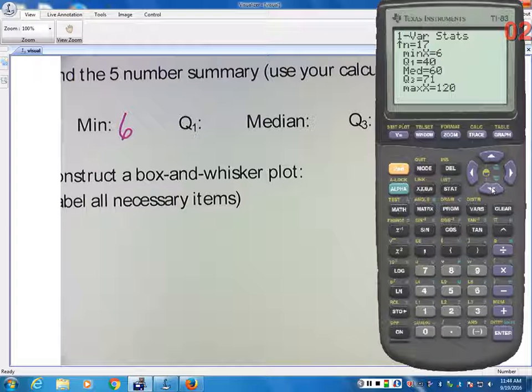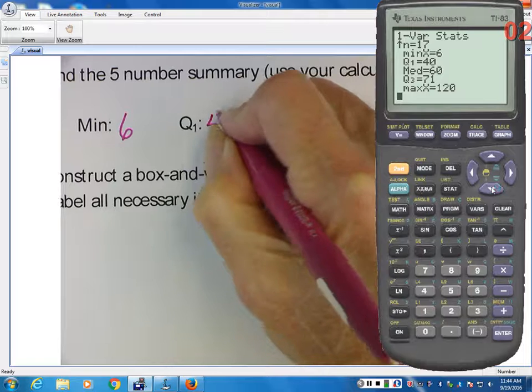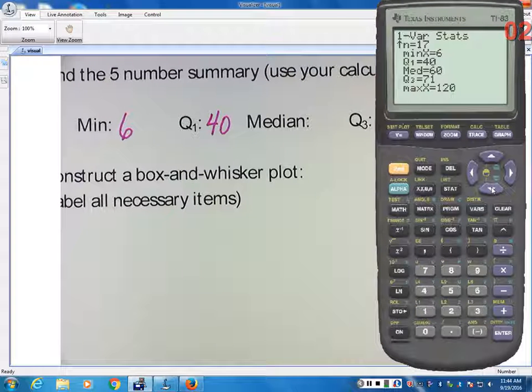And then the first quartile is 40, and I believe there are 3 that are 40 miles an hour. The Blue Streak, the Cedar Creek Mine Ride, and the Iron Dragon all go 40 miles per hour.